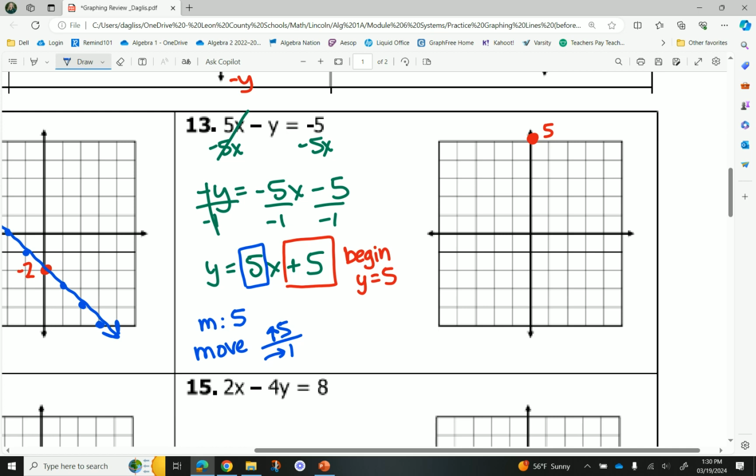Instead, I'm going to go down and backwards. Okay? Go down 5, then go to the left 1. Down, backwards. So when you go backwards, that's when you go left. That's the only time. It's when you're moving backwards because you can't move forward.